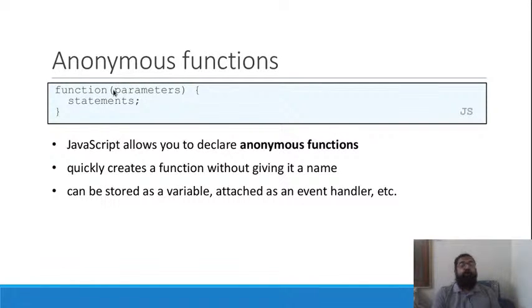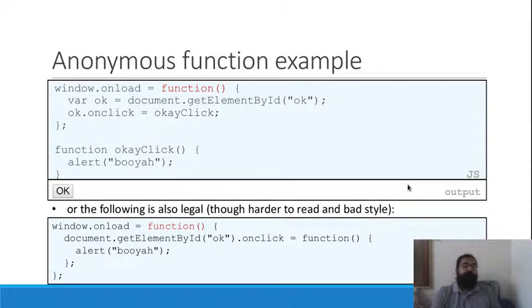So that's an anonymous function which has no function name. You have function, then the parameters are mentioned, and then the statements. JavaScript allows you to declare anonymous functions, quickly creating a function without giving it a name, and it can be stored as a variable, attached as an event handler, etc.